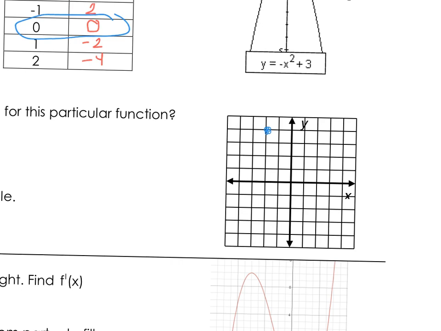The next point, negative 1, 2. 0, 0, we talked about that one. 1, negative 2, 2, negative 4. Okay, so you can see that, hang on. Yes, it made a line. Okay, I'm not going to put arrows on that. You guys know that there's arrows on that.